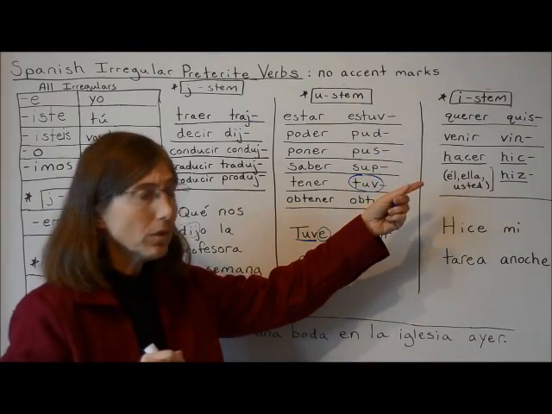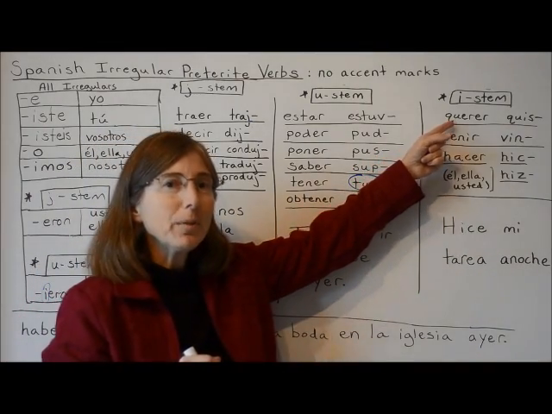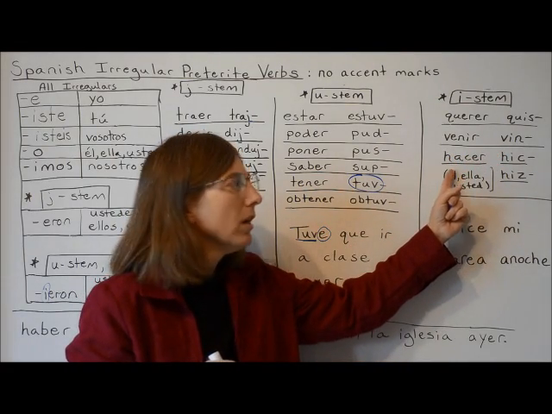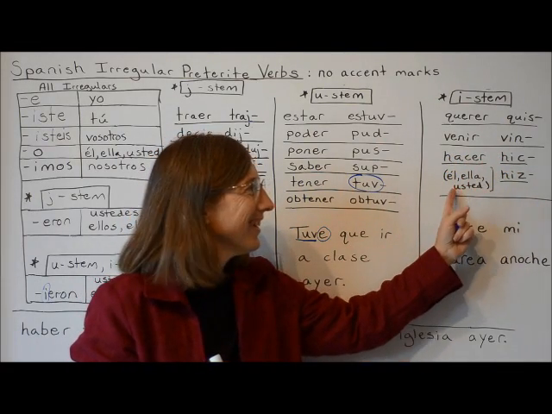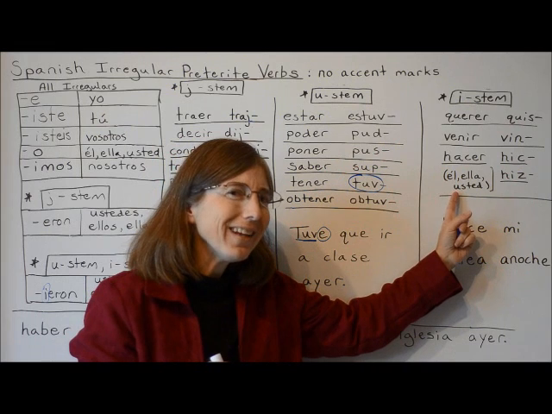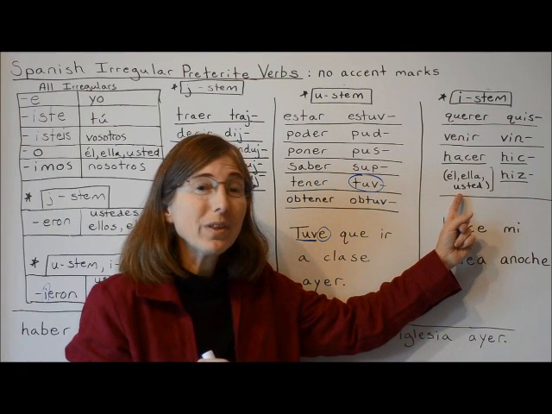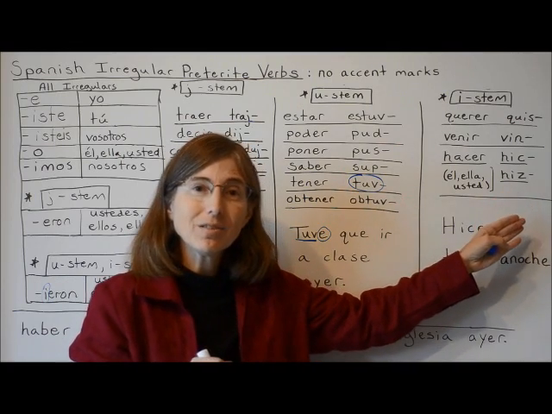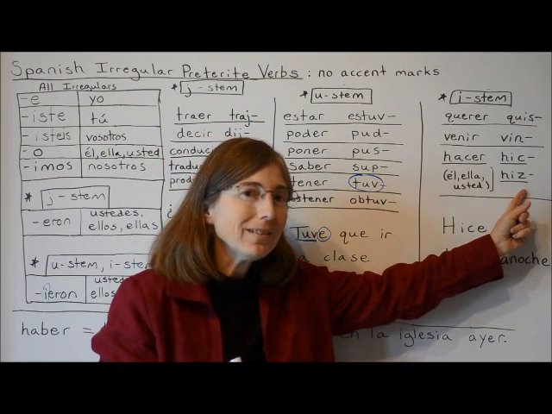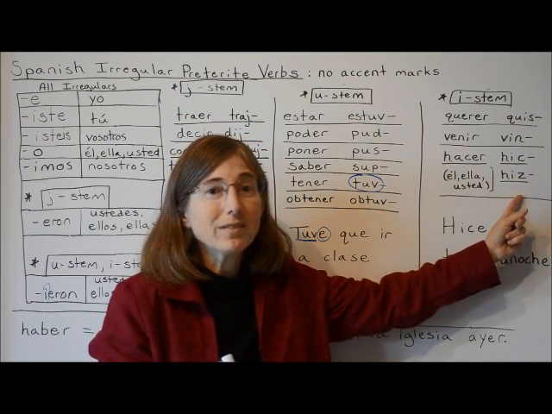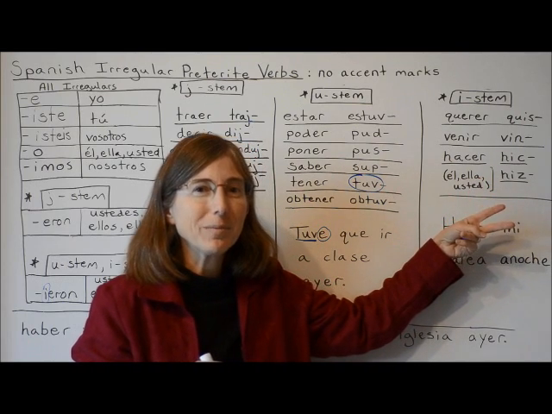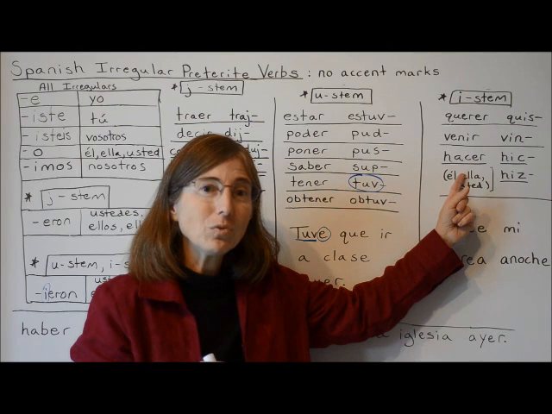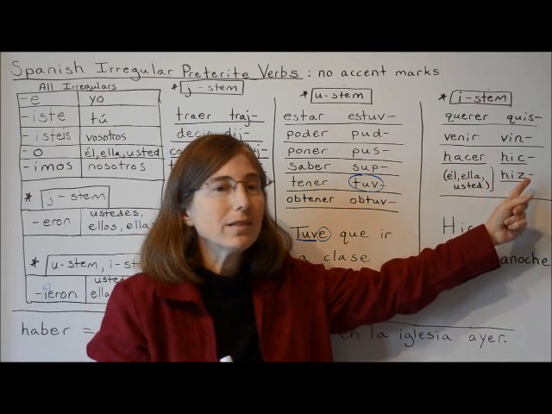Now the I stems are querer becomes quis, venir, vin, hacer, hic. And in hacer, the stem for the ella, él, usted form is hiz. Sounds the same, but it ends in a z. So we have to pay attention with hacer because it actually has two stems. For all of the forms except the usted, él, ella form, it's HIC.